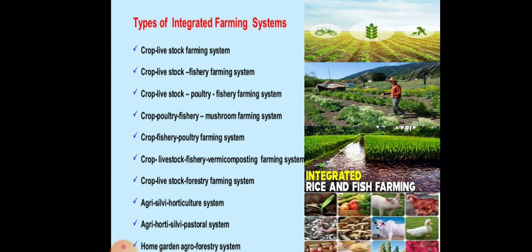And we have here the crop, livestock, fishery farming system, the three approaches of farming. You may also include here the silvipastoral system. Silviculture, if you were to deal with trees.